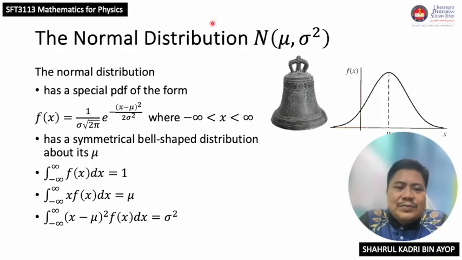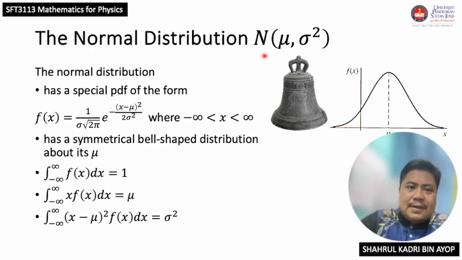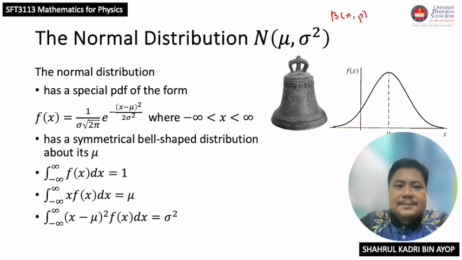Okay, normal distribution can be notated as N with the mean and the variance. This differs from the binomial distribution before, where a binomial distribution can be expressed with its trials and also the probability of success.